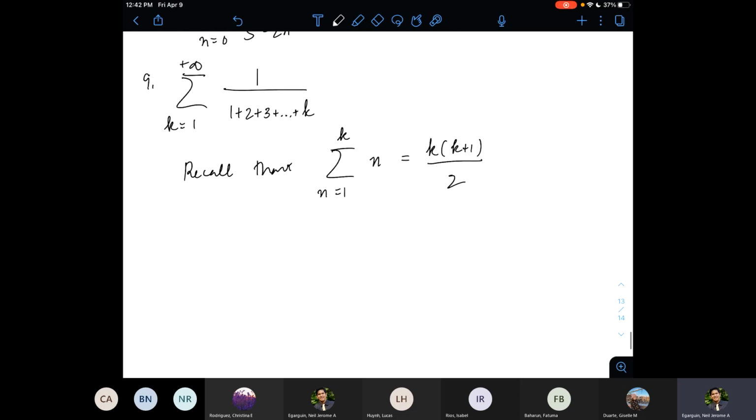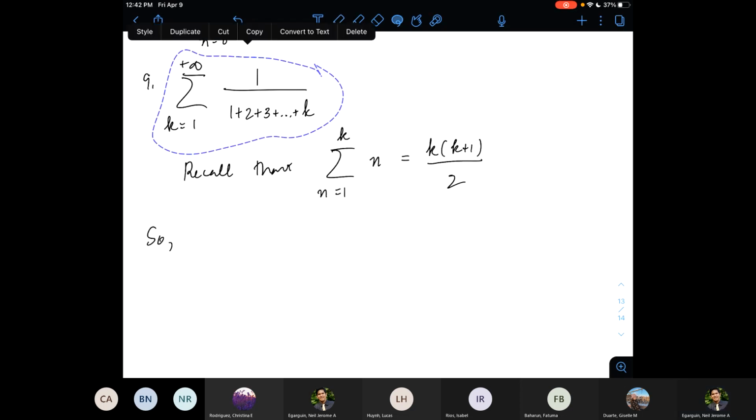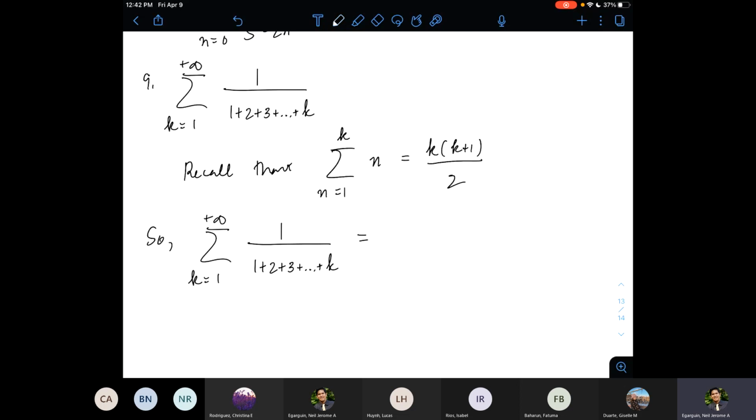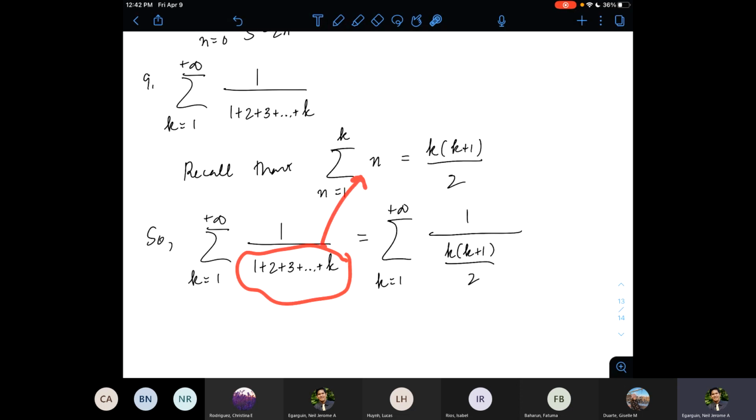So this tells us that the given series is just equal to the sum of 1 over k times k plus 1 all over 2 as k goes from 1 to infinity. Because this is exactly this, right?